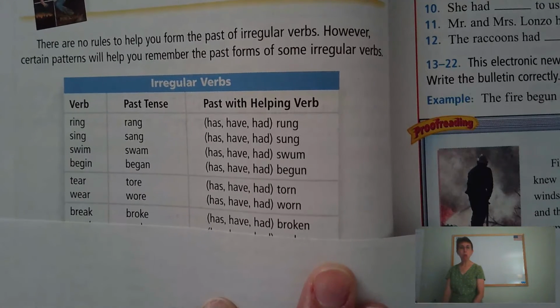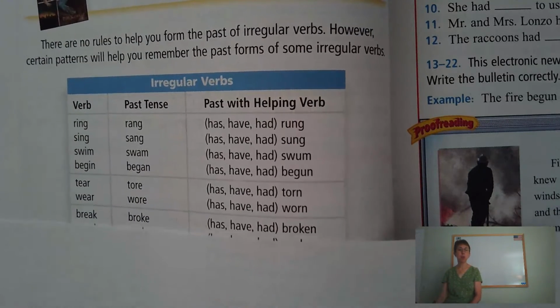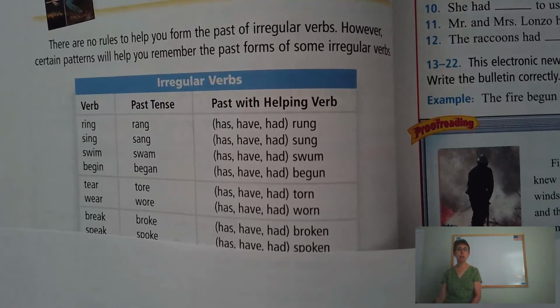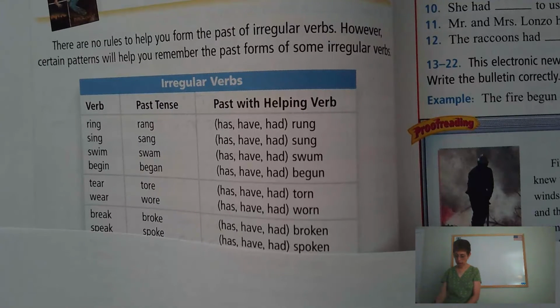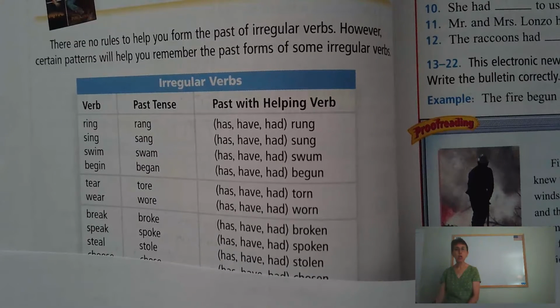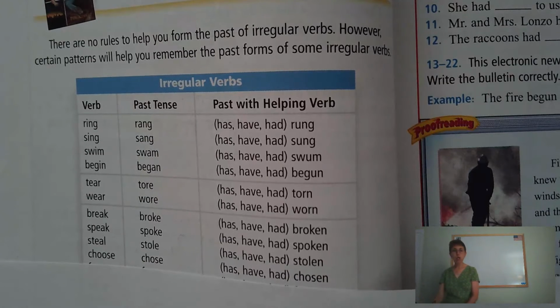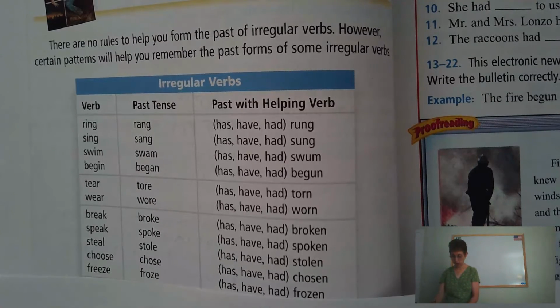Then we have break, broke, has, have, had, broken. Then we have speak, spoke, has, have, had, spoken. Steal, stole, has, have, had, stolen. And then we have choose, chose, has, have, had, chosen.